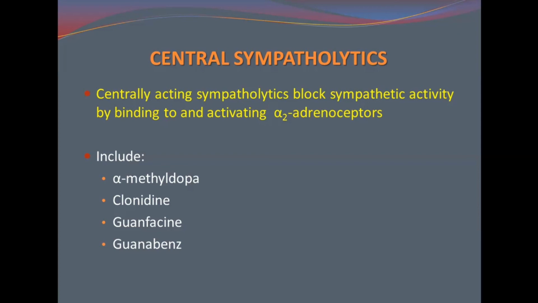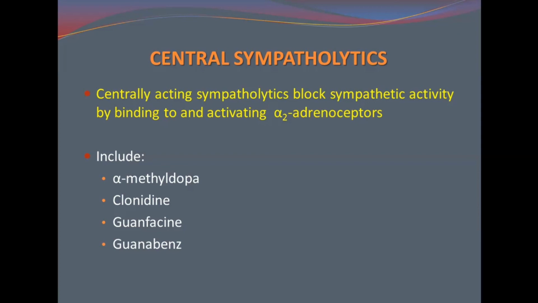As we all know, at the level of alpha-2 receptors, these drugs, the alpha-2 agonists, inhibit the continued release of norepinephrine from the post-ganglionic fibers, thereby inhibiting the effect of the sympathetic nervous system. It includes alpha-methyldopa, clonidine, guanfacine, and guanabenz.